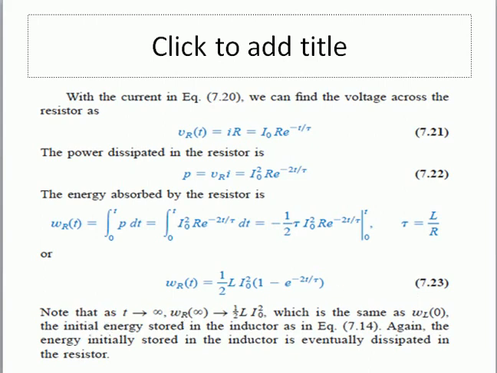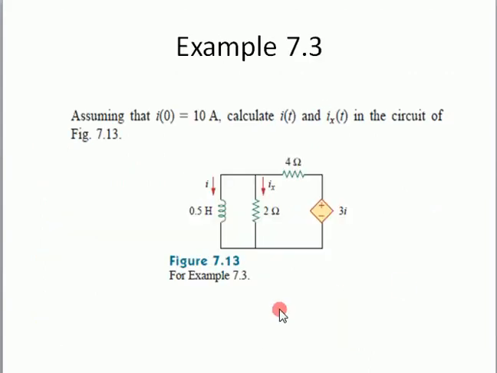the inductor. Now we will do an example, and here let's suppose that we have a circuit in which I of 0 is equal to 10 ampere, and we have to calculate the I of t and Ix of t. Here is the I of t and this is the Ix of t, that we have to find out: the value of current that is passing through the inductor at time t, and also the value of this Ix, that is the current passing through this 2 ohm resistor at t.